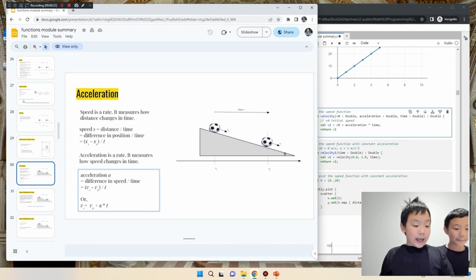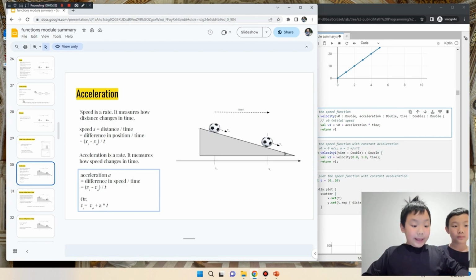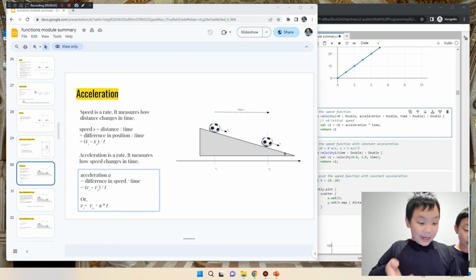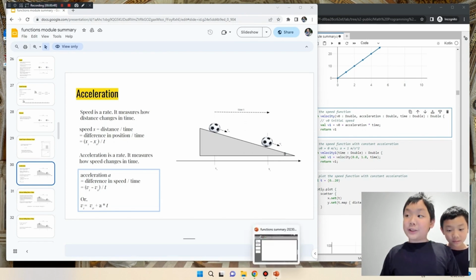This can also be written as V1 equals the starting velocity plus acceleration times time. Acceleration times time means A plus A plus A, T times, and it's basically adding it to V0. So after you have this A plus A plus A, you add it to the starting velocity and it'll give you the new velocity. Now we're going to do some examples so you can see better.